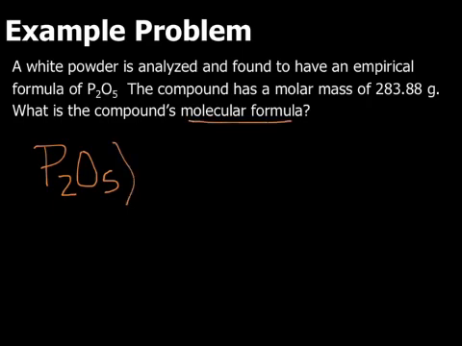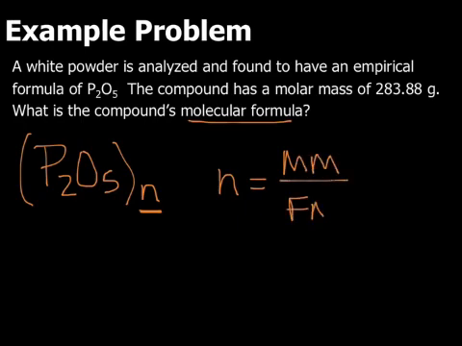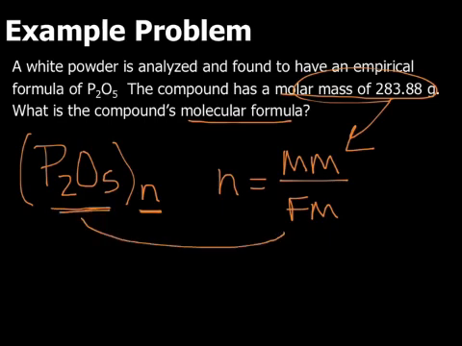To find it, we have to find the value of n, which is equal to the molar mass over the formula mass. The molar mass they gave us up here. For the formula mass, we're just going to add up P2O5.